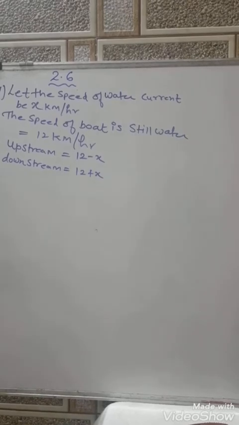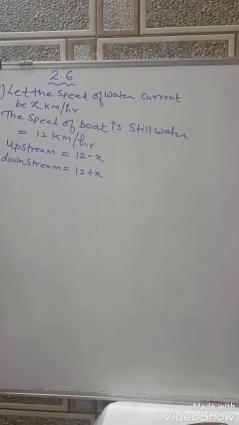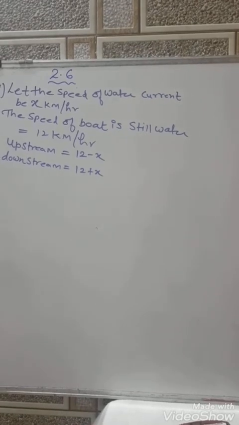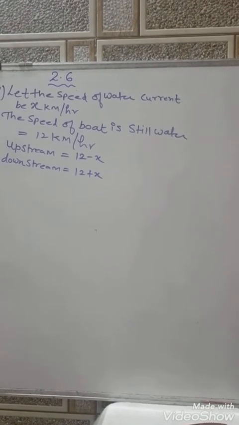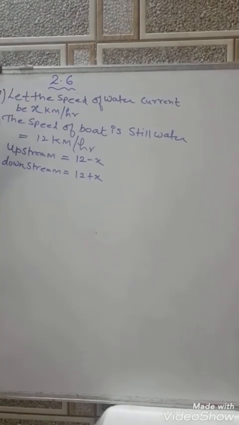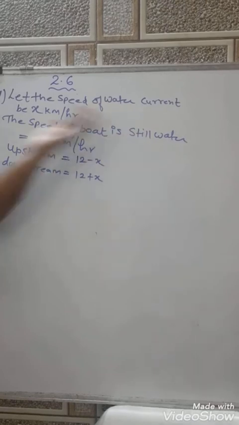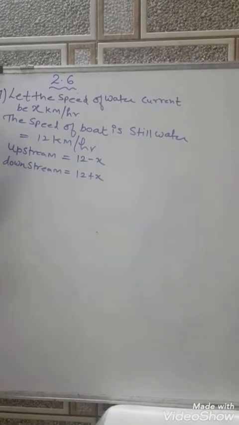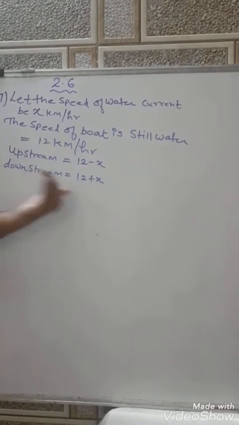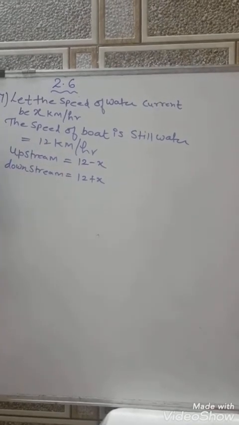Find the speed of the water current. The speed of the water current we consider as x kilometers per hour. The speed of the boat in still water is 12 kilometers per hour.